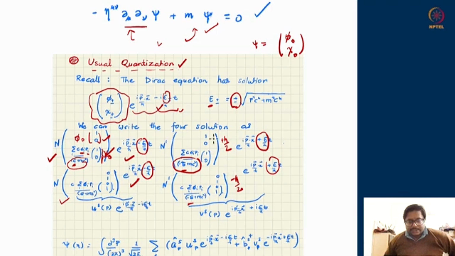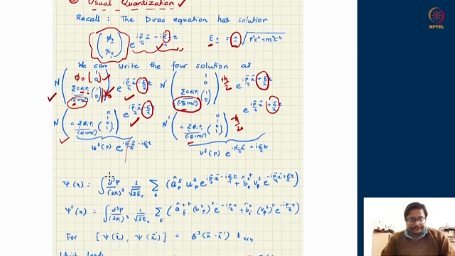So this is really positive frequency and negative frequency solutions which we are talking about. Therefore, I'm going to collect all the positive frequency solutions as symbol U. S will tell me what spin value I'm talking about. A spin can take two values, plus half or minus half.